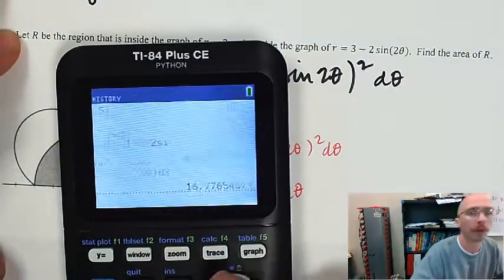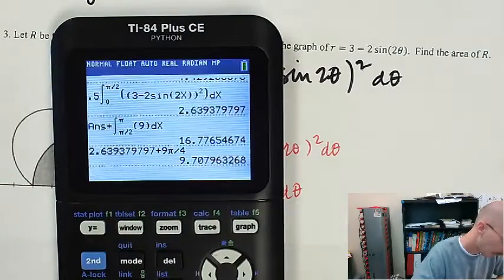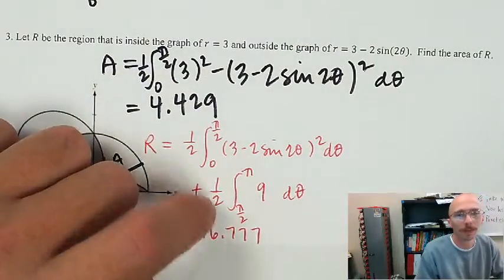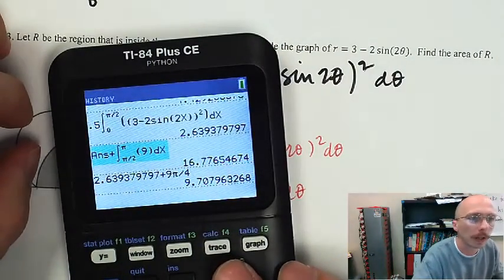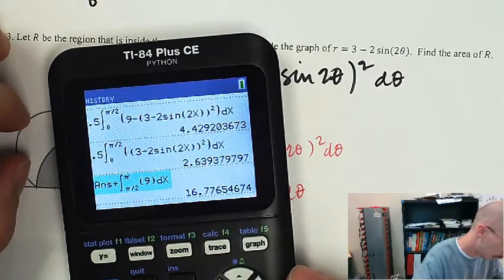But I could also do this and add 9 pi divided by 4 and get, why would that happen? Pi over 2 to pi. Ah, what did I forget? It's not the same. It's the 1/2, right? So I'm going to go in here, and I'm going to clear out this one. Can I do that?